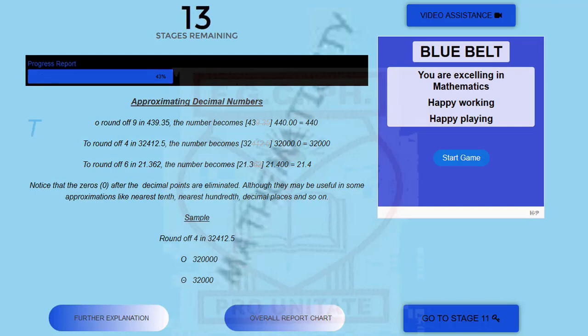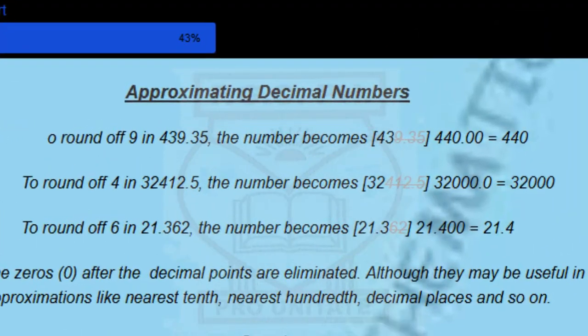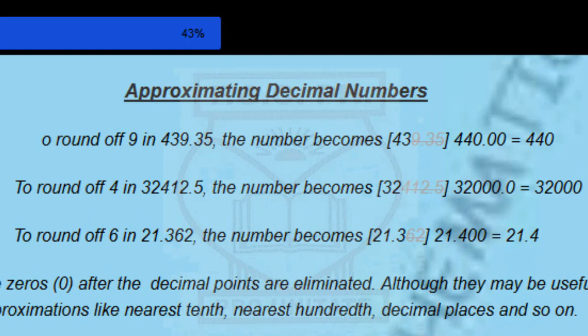Want to teach you how to approximate decimal numbers, but we're beginning from here, where I will be showing you how to round off digits in a decimal number, like this number 439.35. If you're going to round off 9, which is a rounding up situation, you do just what you used to do.